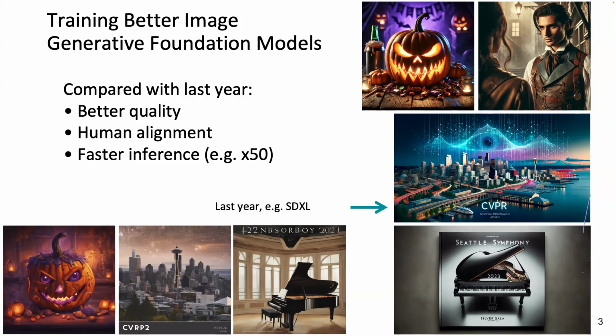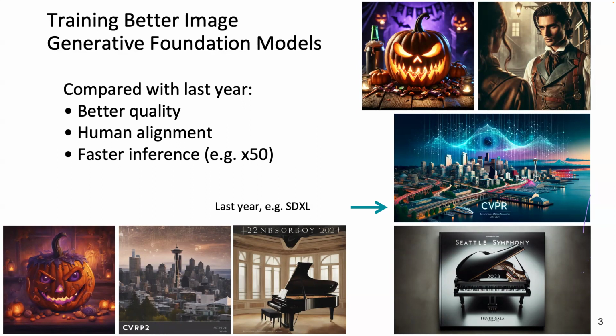In the bottom right are the results from one of the top performing models from last year, Stable Diffusion XL, in comparison to the right side, which are with the same prompt but with one more recent model, DALL-E 3, as well as its variants. We can clearly see the significant improvement in the generated image quality.